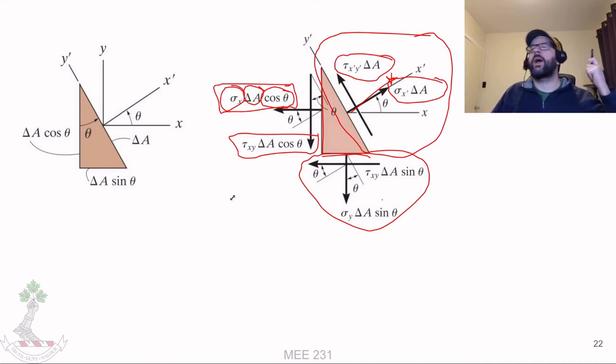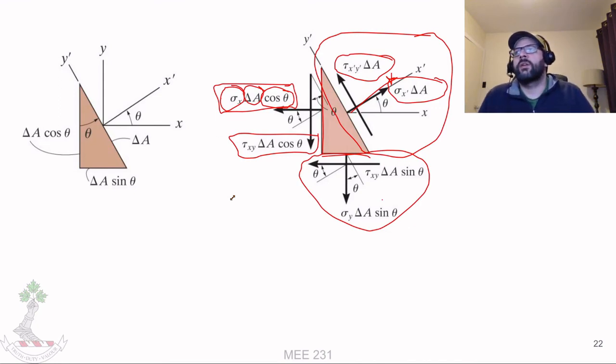So we can add all those things up in order to figure out how they combine together. Basically what you need to do is figure out how each of those relate to the new coordinate system.